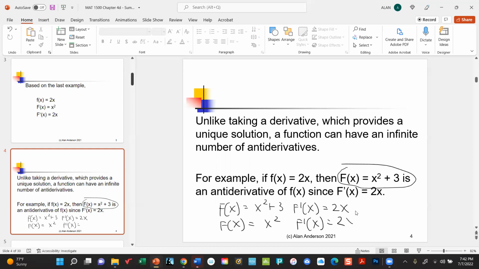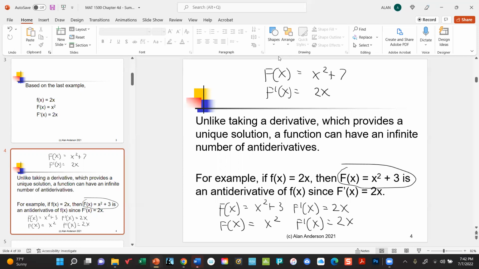Oh no, what's going on here? Can they both be the antiderivative of 2x? And the answer is yes. In fact, if I try any other constant, oh no, all of them, no matter what the constant is, will be antiderivatives.